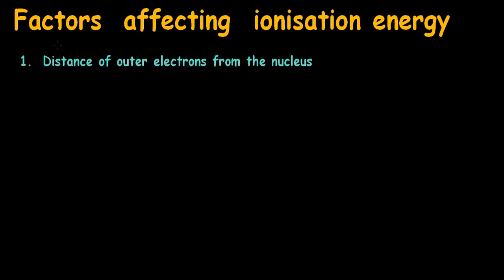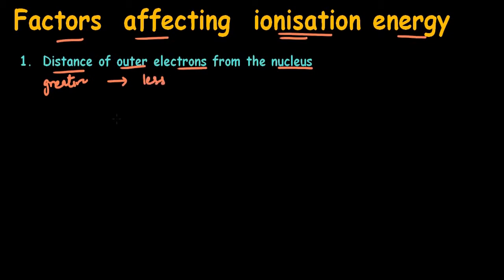So we can summarize that the factors affecting the ionization energy are, first, the distance of the outer electron from the nucleus. That is, if the distance is greater, then the ionization energy required to release the electron is less.